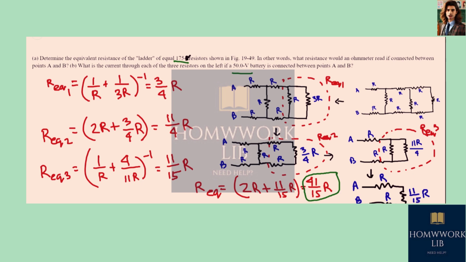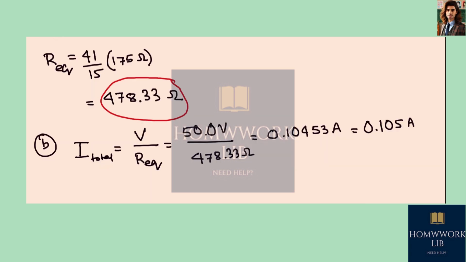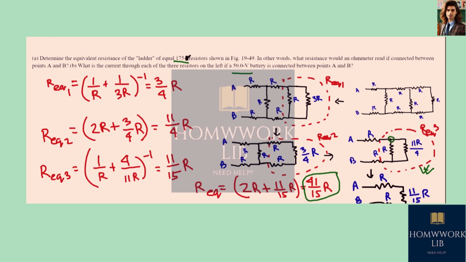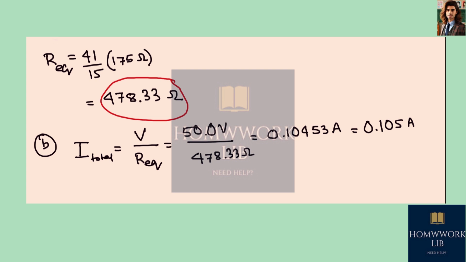So from this figure right here, we can use the fact that the voltage across these two points, the voltage across this resistor and this one, is the same.